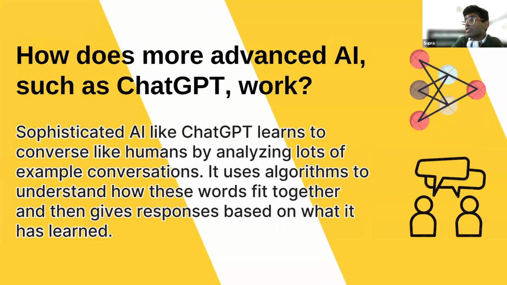I'm not sure where exactly they got this, but somehow they got thousands upon thousands of example conversations between multiple people, and they fed that to ChatGPT to learn from using machine learning. So it uses algorithms to understand how these words fit together and then gives responses based on what it has learned. So it basically just learns English and learns how to talk like a normal person.